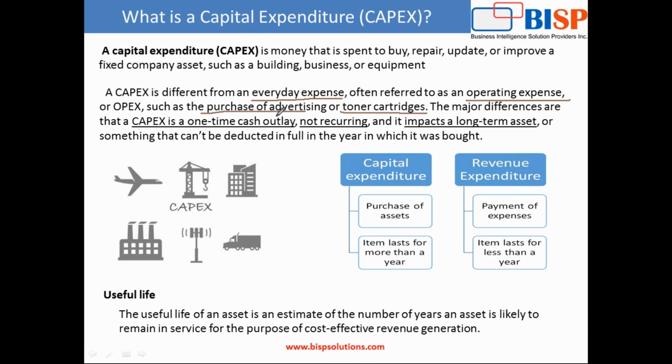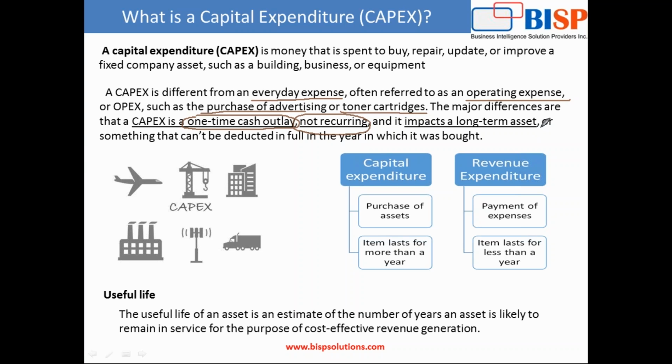The major difference between CapEx and OpEx: CapEx, as I said, is a big decision and it has a one-time cash outlay and it is not recurring. Your office rent payment or house rent payment is a recurring expense, right? CapEx has a long-term impact on a long-term asset.